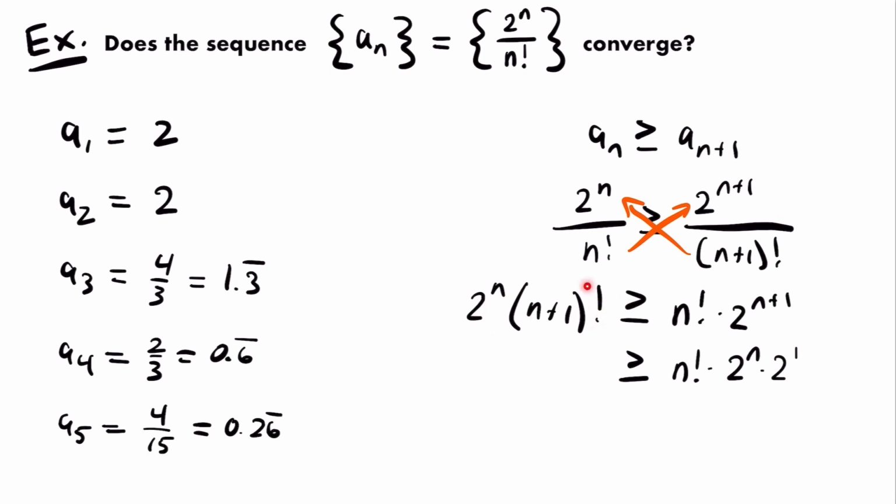We can actually simplify this factorial in a way that will be helpful. Remember that 4 factorial is equal to 4 times 3 times 2 times 1. You could also write that like this. 4 factorial is equal to 4 times 3 factorial, right? Because 3 factorial is 3 times 2 times 1. So these are the same thing, just written in a different way.